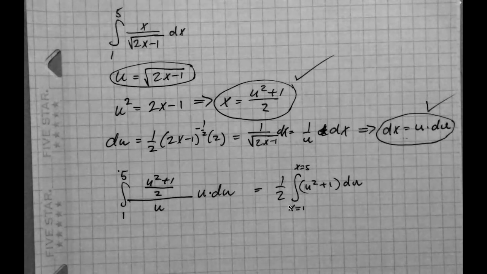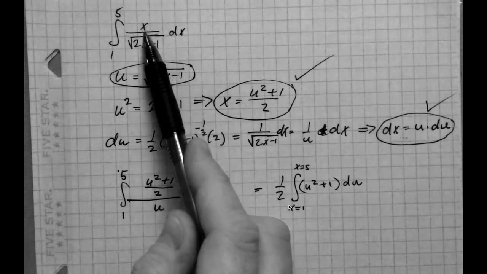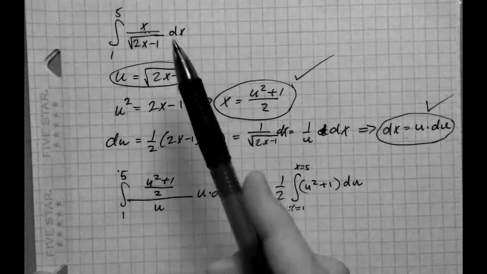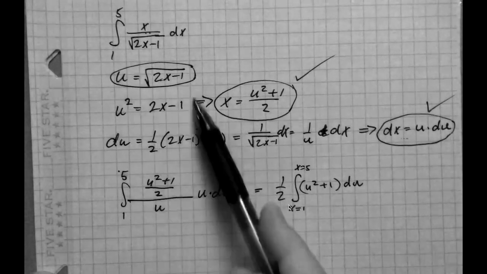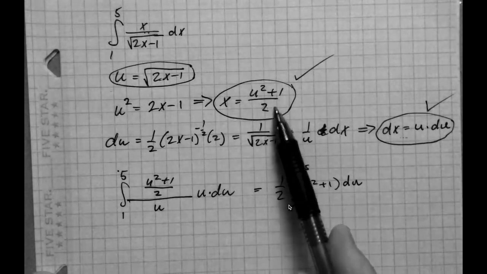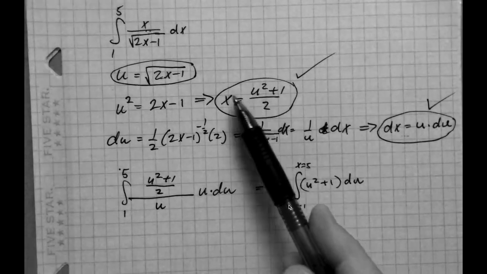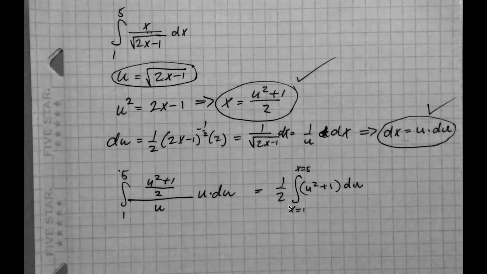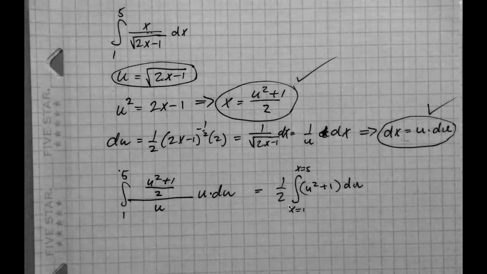So basically, if I'm stuck with this x up here, I need an expression for x in terms of u. I can just do the algebra needed to get x in terms of u, and just plug it in, right? And similarly over here, if I need an expression for dx, I can just do whatever algebra is necessary to get dx written in terms of u and or du, or some constants.